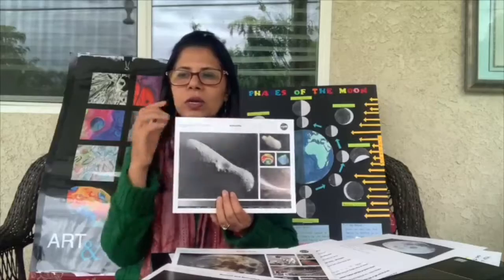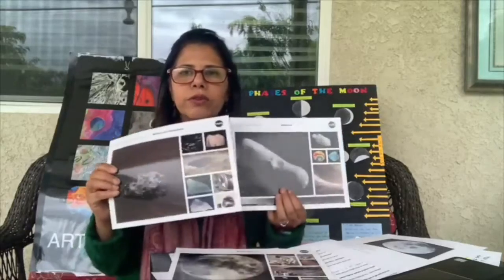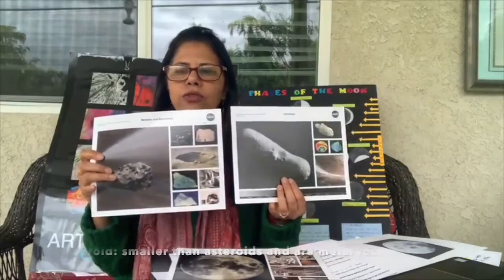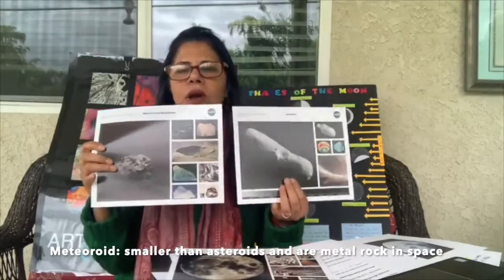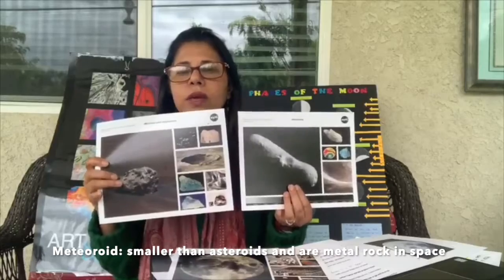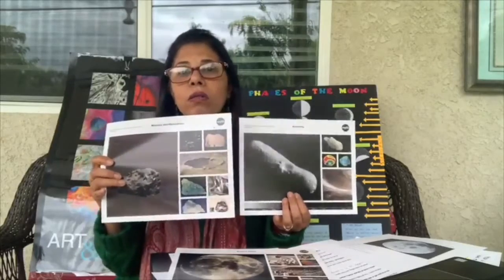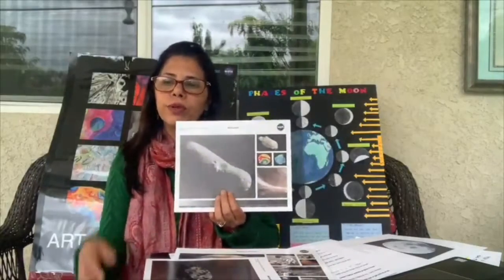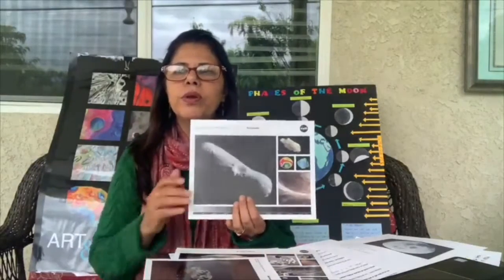Asteroids are larger than meteors, but they're smaller than planets. There is a belt of almost 25,000 asteroids between Mars and Jupiter.